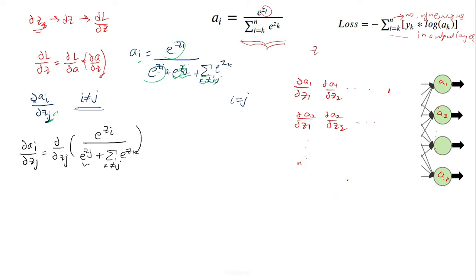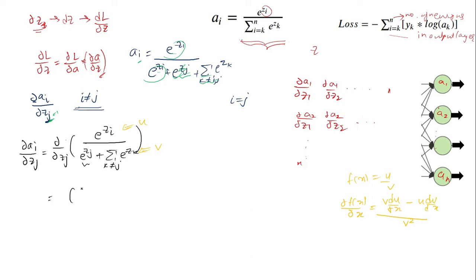Now if you know the derivative, if f of x is equal to u by v, then the derivative of f of x will be given by v du by dx minus u dv by dx upon v square. So here this is our u, which is constant, and this is our v.